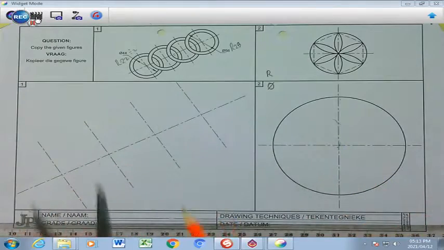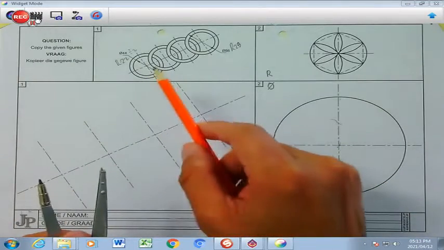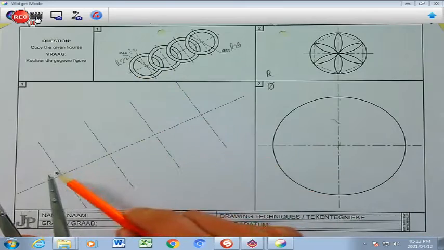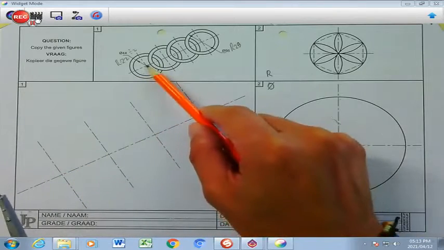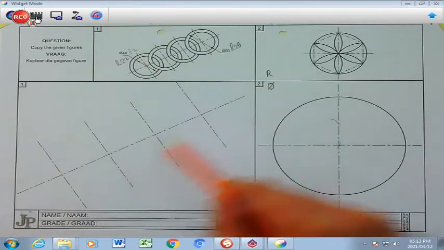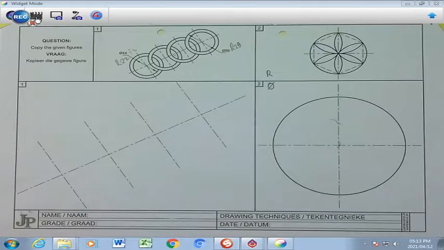So I'm going to use those 2 radii, and I'm going to draw circles from each of the center points that has been allocated for me on this slanted line.